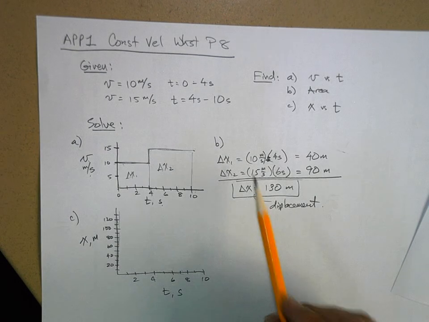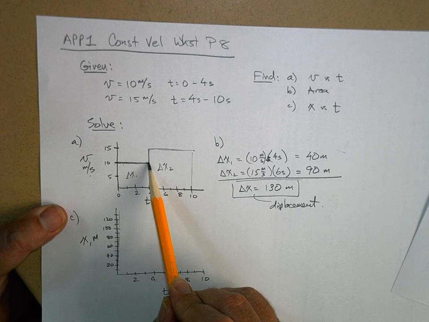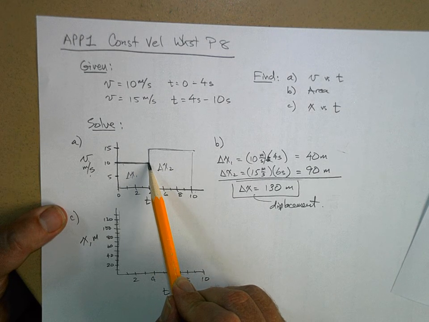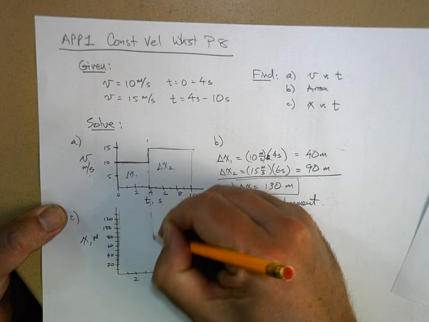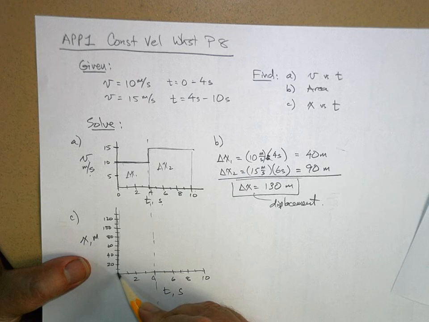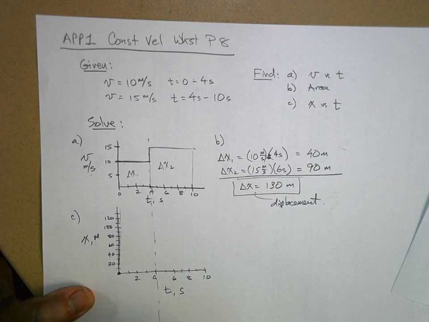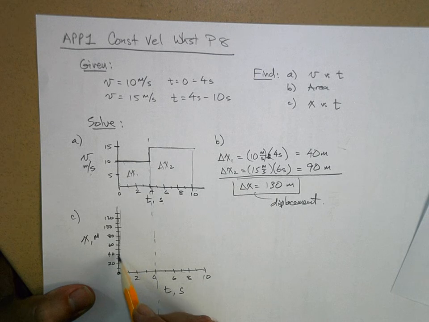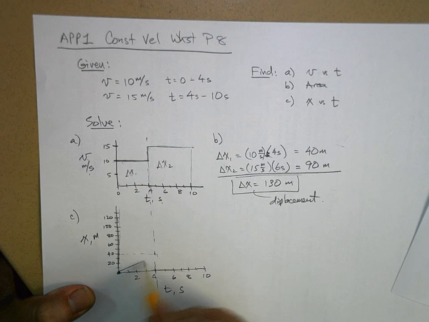And look what we did. We had a constant velocity of 10 for the first 4 seconds. So that means at 4 seconds, and I should have drawn the time axis a little better, but it's going to start at 0. Now, this was kind of given. It told us in the problem that at t equals 0, we were at the origin of the position versus time graph. And then after 4 seconds, we were at 40 meters.